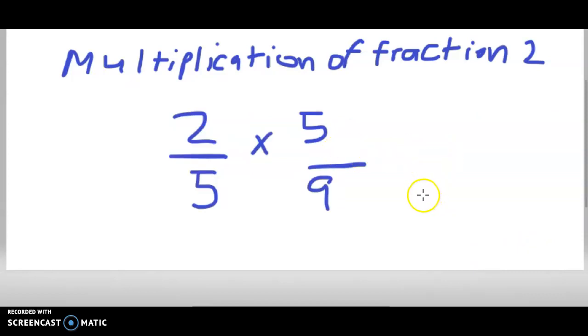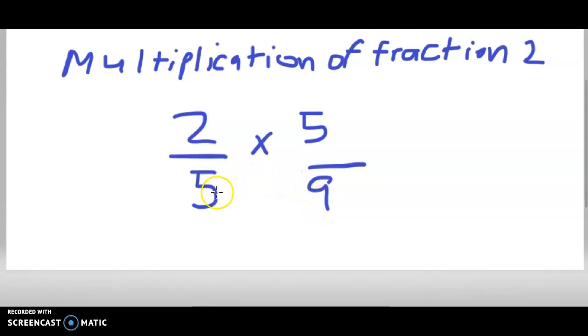Let's have a quick look at this example of multiplication of fractions and see if there's any place we can simplify. As you know, you always need to simplify the numerator and the denominator. Here, 2 and 9 cannot be simplified. 5 and 5 can be. 2 and 5, numerator and denominator, cannot be simplified. 5 and 9 cannot be simplified. So let's do a quick one: 2 over 5 times 5 over 9.